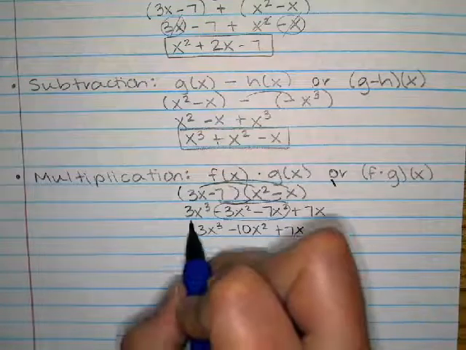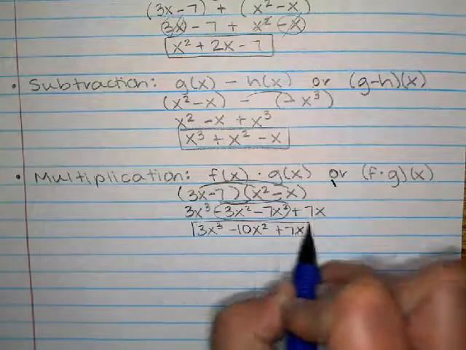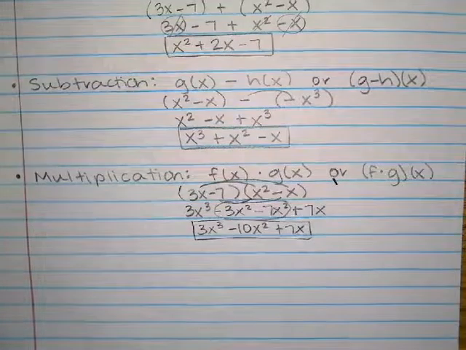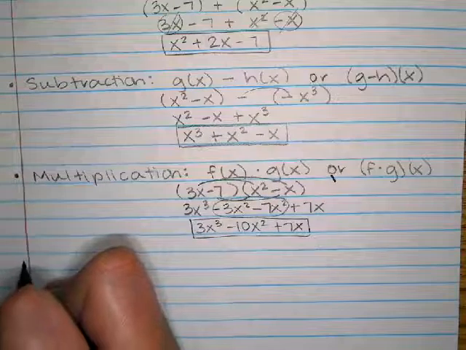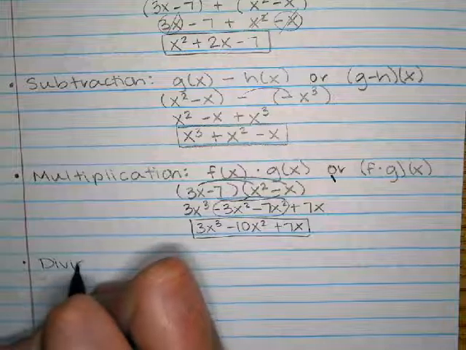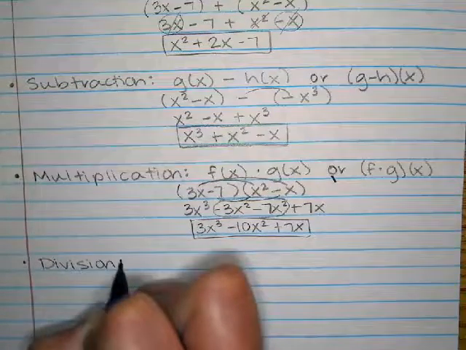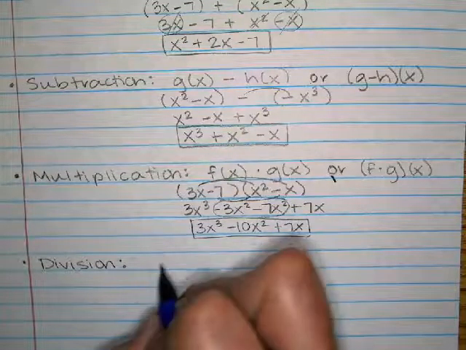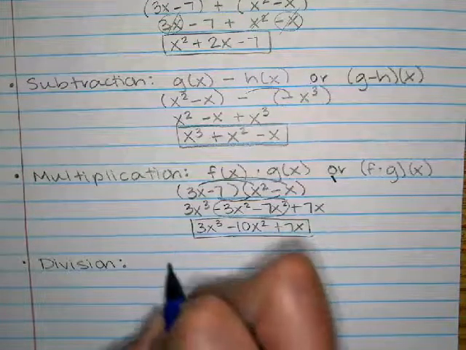Okay. And then last, we have division. And division can be written two different ways. They could write it like a fraction, m of x over h of x, like that.